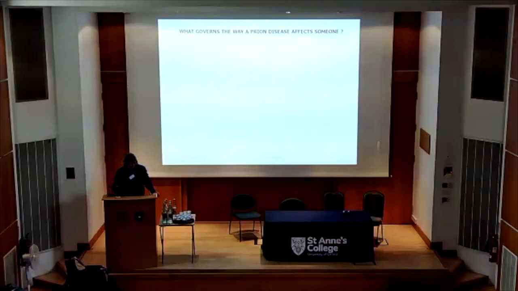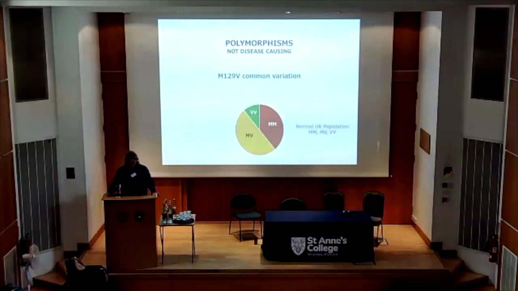If that's the case, it's an interesting question: what governs the way a prion disease affects somebody? Well, first of all, polymorphisms. I said they were not disease-causing, and there is a particular polymorphism at position 129 in the prion protein code, whereby you can either encode for methionine or valine, M or V. And all of us in the population are either MM, MV or VV in these terms.